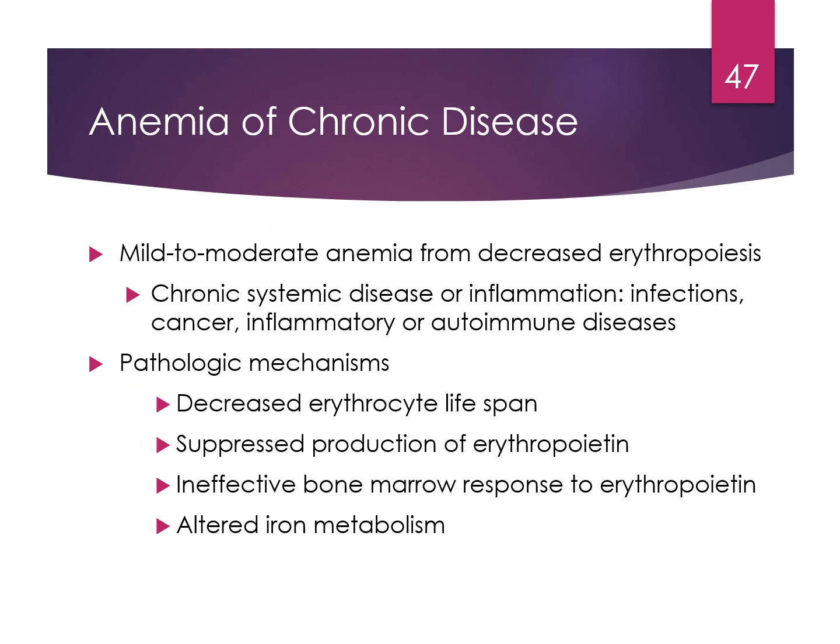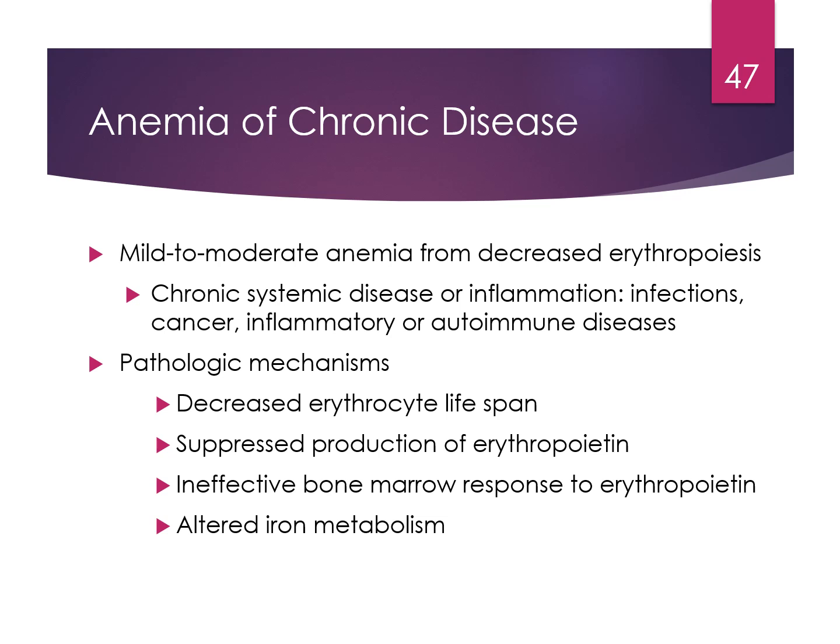Now let's talk about anemia of chronic disease. It's important to know as practitioners that anemia of chronic disease can be mild to moderate. But what we have with anemia of chronic disease is because of the inflammation that may occur in patients with certain chronic diseases, there is a decrease in erythropoiesis.